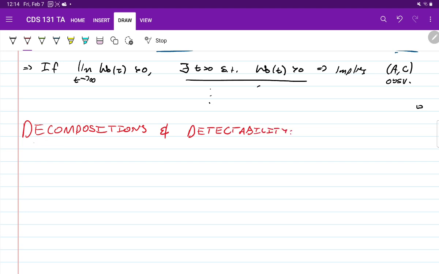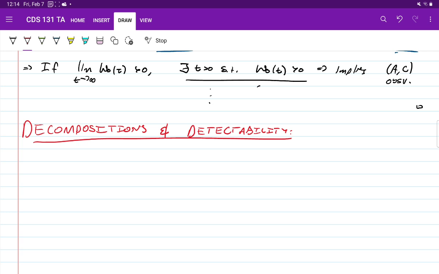Now that we know that observability and controllability are dual concepts to each other, you'll remember that at the end of last lecture, we talked about a weaker form of controllability called stabilizability. We effectively said that oftentimes controllability is too strong of a condition, but if the uncontrollable piece of our system is already stable, maybe that's okay if stabilization is what we're interested in.